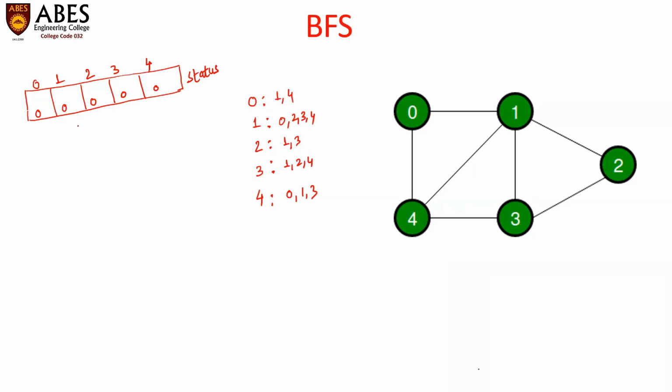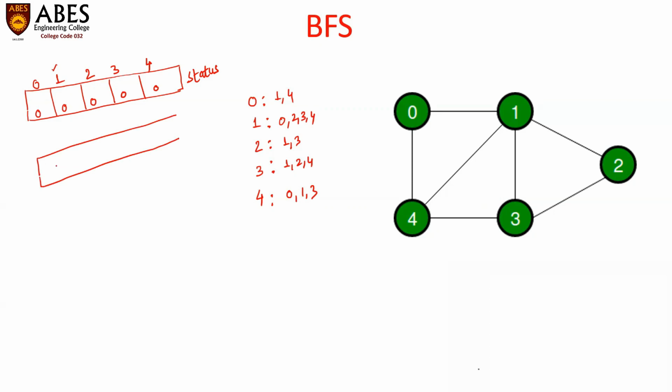And this is the direct address table. The status array or the status vector is the direct address table, wherein at the 0 index, we are representing the status of 0 number vertex. At 1 number vertex, we are storing the status of 1 number vertex, and so on and so forth. We also need to take a queue which will store the current explored vertex.